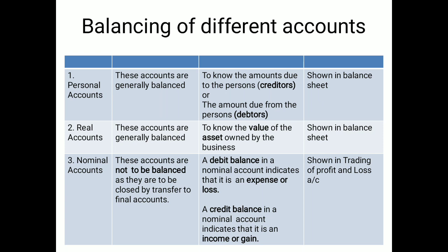Still, at the beginning you may put a balance, but with the passage of time you will know which balance of the nominal account will go to the trading account and which to the profit and loss account, because one item, one account, will go either to the trading or to the profit and loss account, not to both.